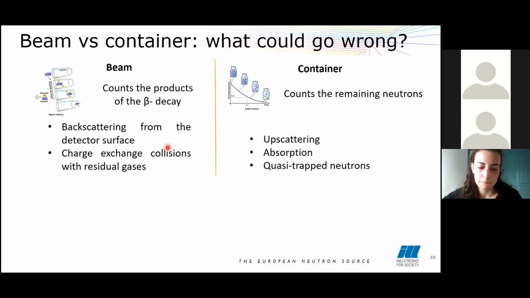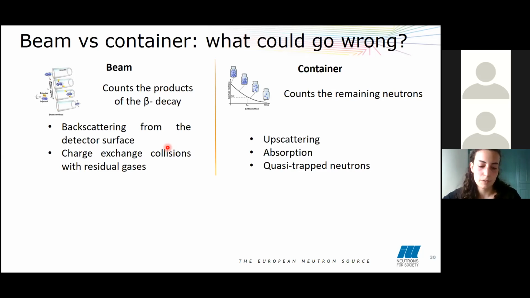For example, if a neutron has an inelastic scattering event with the wall, there is a possibility that it will be heated and quickly escape the trap, but it will be measured as a neutron that decayed.